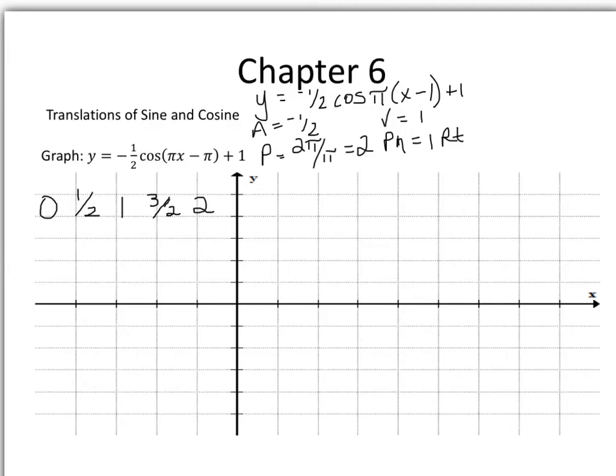Then, because it's a cosine function, I know that cosine starts at its maximum or minimum, so I put in 1, 0, -1, 0, 1. I multiply every value by my amplitude.